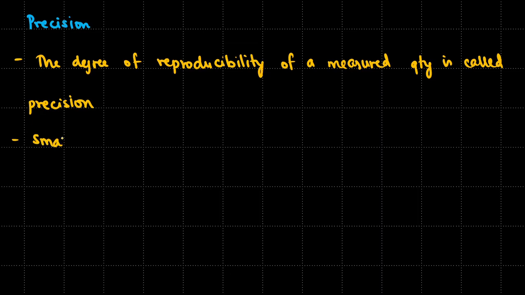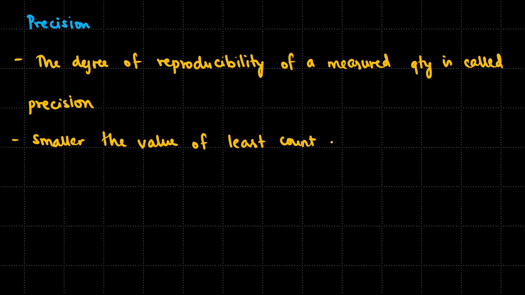The smaller the value of the least count, the better the precision. Least count is the minimum measurement that an instrument can do. For example, a normal scale has a least count of 0.1 mm, which is millimeter. It can't measure better than 0.1 millimeter. That's the least count of an instrument.